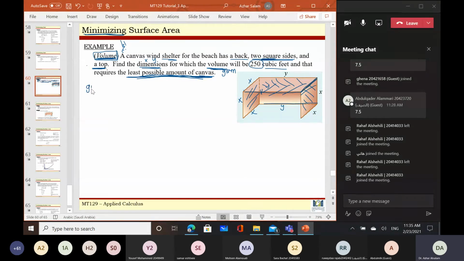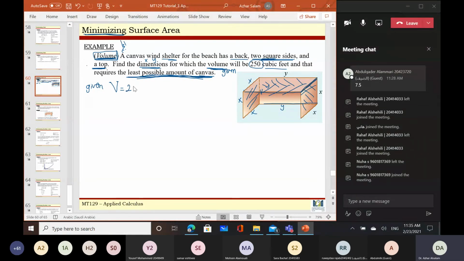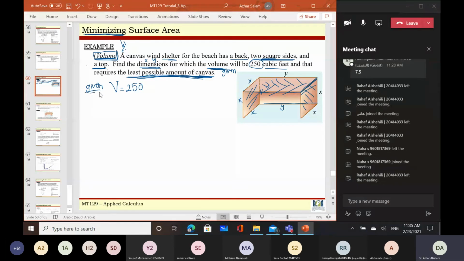Given, I will write the given information, which is the volume, given by 250. Okay, given. The function to optimize, make it maximum or minimum, is the amount of canvas. The amount of canvas, which is the amount of fabric required for covering, represents the surface area.